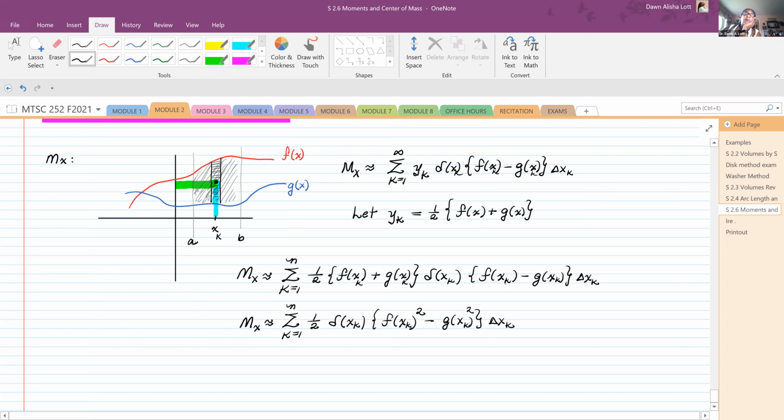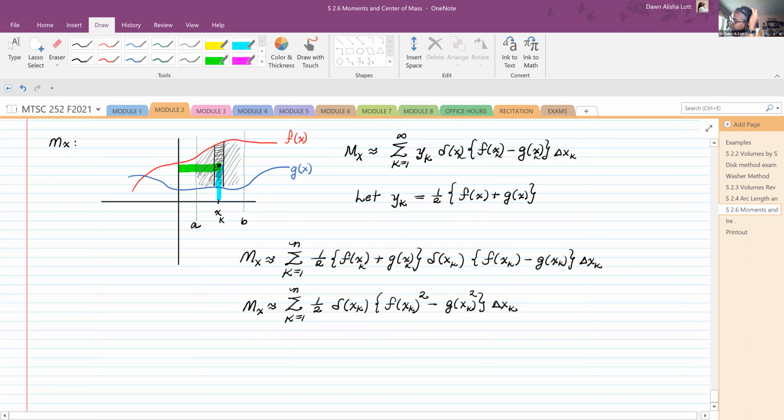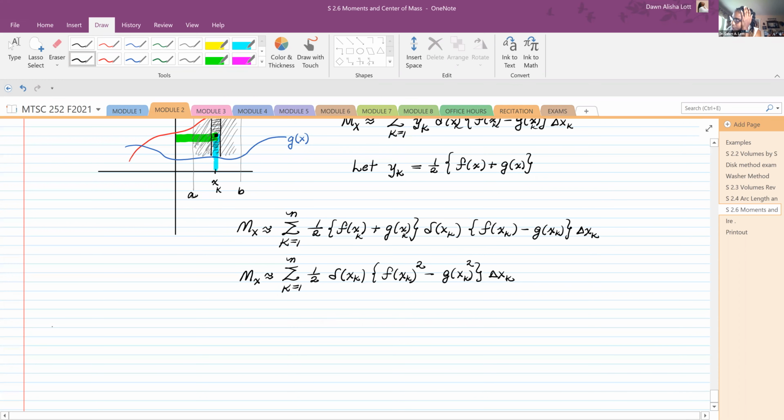So skipping all the limit stuff, I get Mx turns out to be 1/2 the integral from a to b of delta of x times f of x squared minus g of x squared dx.